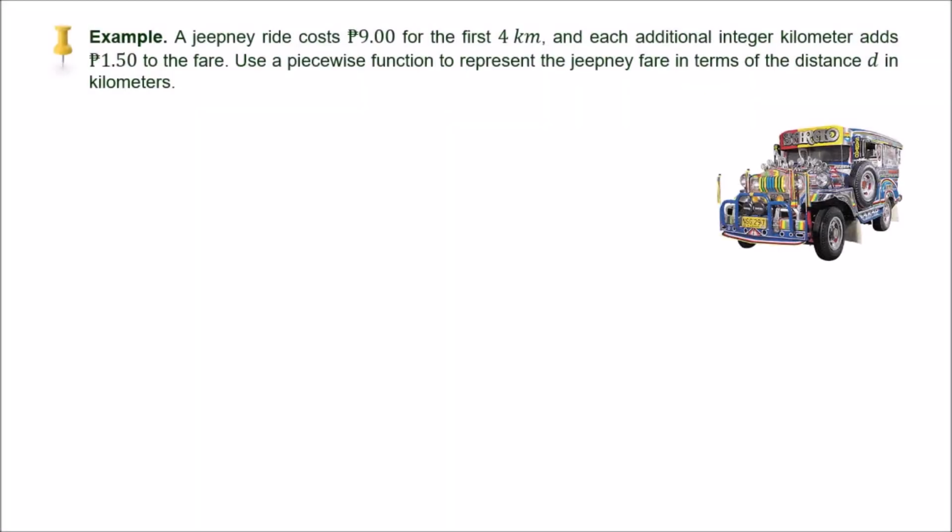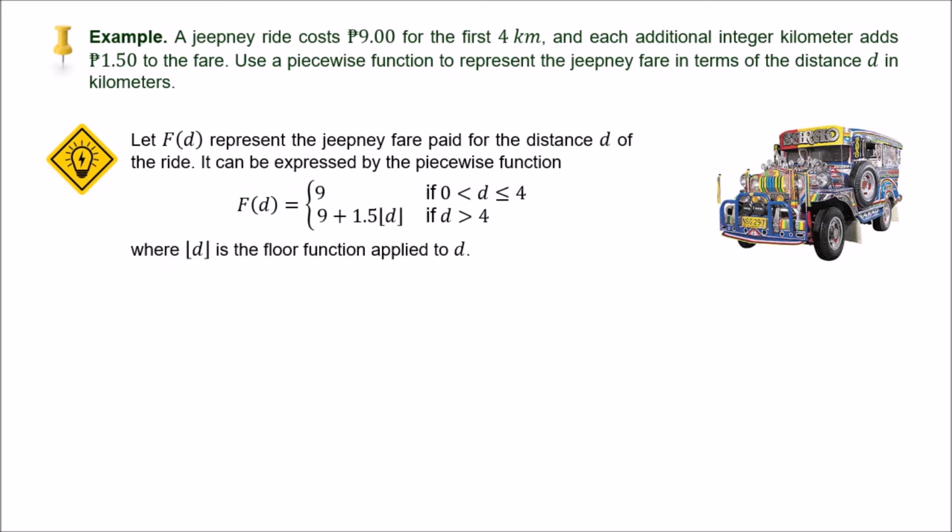Example, a jeepney ride costs 9 pesos for the first 4 kilometers, and each additional integer kilometer adds 1 peso and 50 centavos to the fare. Use a piecewise function to represent the jeepney fare in terms of the distance d in kilometers. Solution.